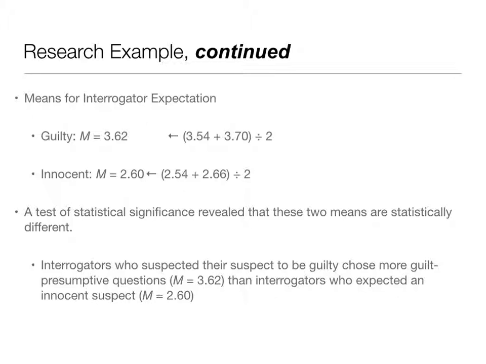Again, notice they've talked about both levels of the independent variable, and they've talked about the dependent variable. If you just say that it was higher with guilty than innocent, that doesn't tell me anything because you're not telling me what it was higher on. That important piece, the guilt presumptive questions, that dependent variable needs to be mentioned as well. So in a description of a main effect, you need to talk about each level of that independent variable, and you need to talk about the dependent variable as well.